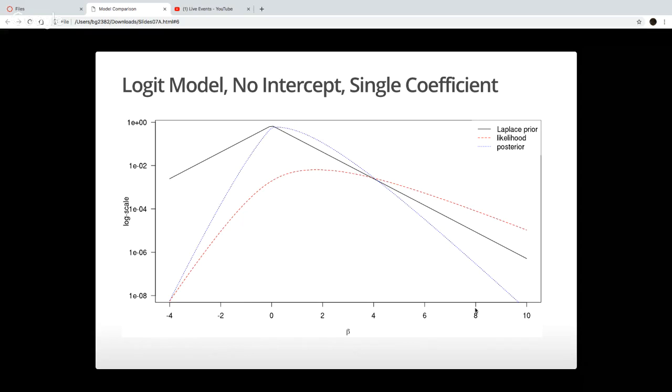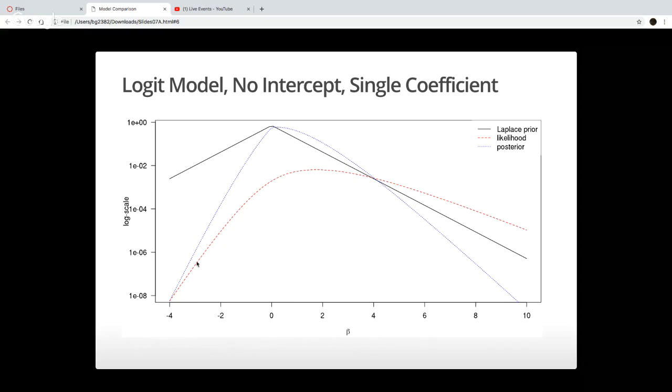This is normalized to have an area of 1 underneath it. But the machine learning people would just find the mode of the blue line, which is the sum of the log likelihood and the penalty function. The mode of that is 0 in this case, which is an example where lasso shrinks the coefficient estimate all the way to exactly 0. That's in large part a consequence of the non-differentiability of the L1 penalty function at 0.